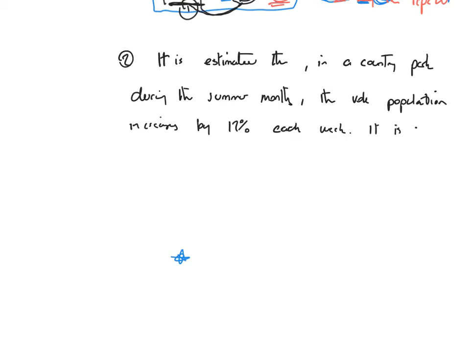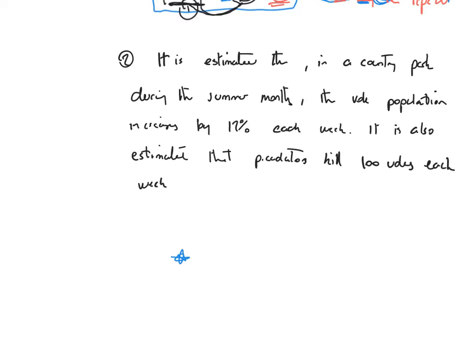It is also estimated that predators kill 100 voles each week. Now, our task is again to come up with a recurrence relation.